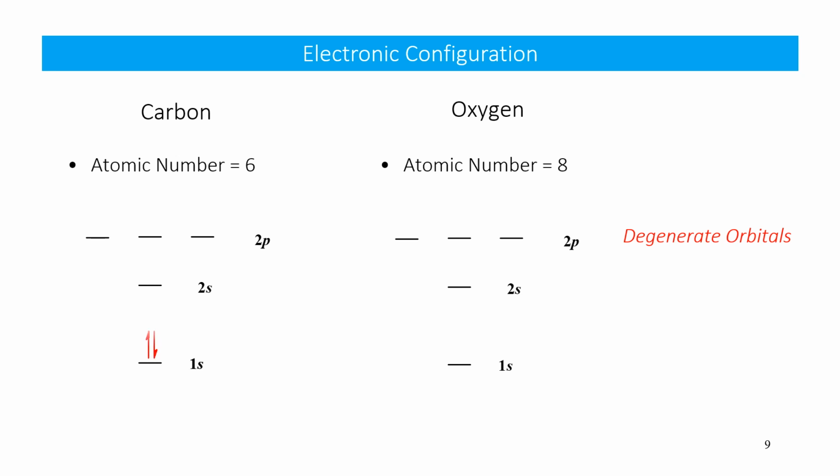We have 6 electrons, so 2, 4, 6, and we notice that we have 2 unpaired electrons in the p orbitals. If you look at oxygen with atomic number 8, it's the same sort of thing. But in this case you can see that we have 4 electrons in the 3 2p orbitals, and we still have 2 unpaired electrons.